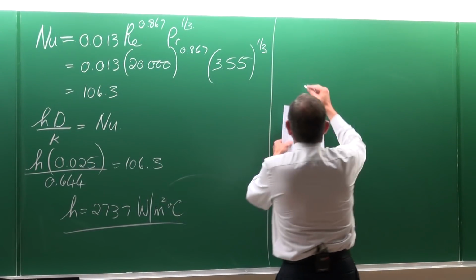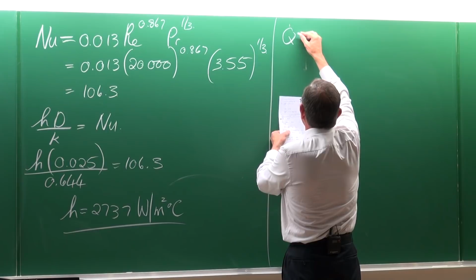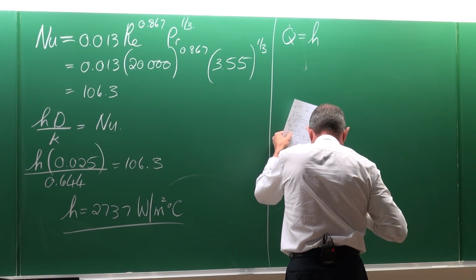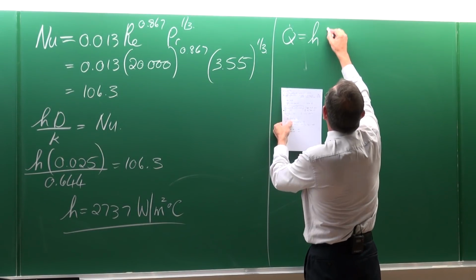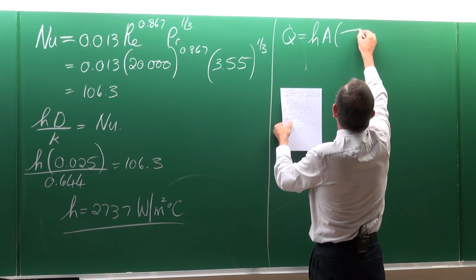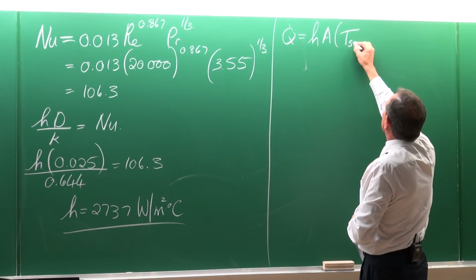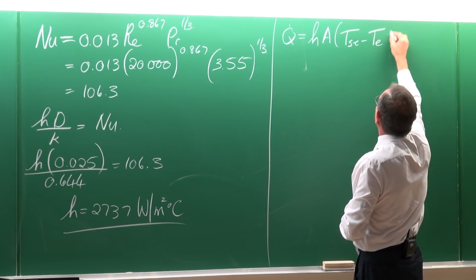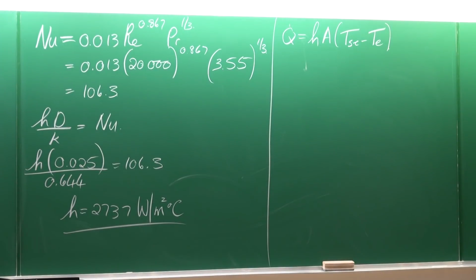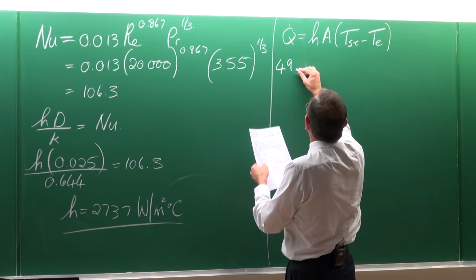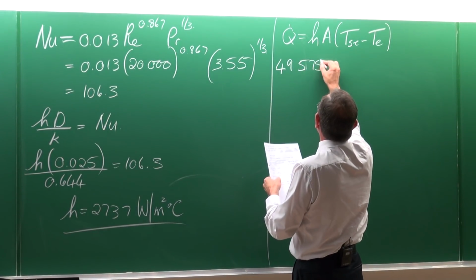So now that we've got the heat transfer coefficient, we can actually determine the wall temperature. It's equal to the heat transfer coefficient multiplied by the area multiplied by the temperature at the surface outlet minus the outlet temperature of the fluid. The heat transfer rate we've determined as 49,575.